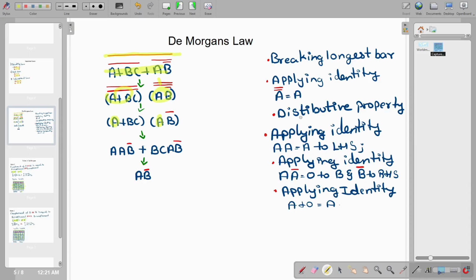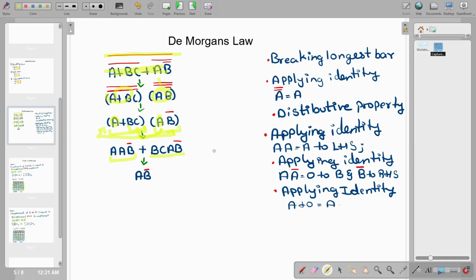And by using the distributive property, we separate both the equations. So A plus BC and AB bar. The A from the RHS comes to the LHS and becomes AB bar, and the BC from the LHS goes to the RHS and becomes BCAB bar.